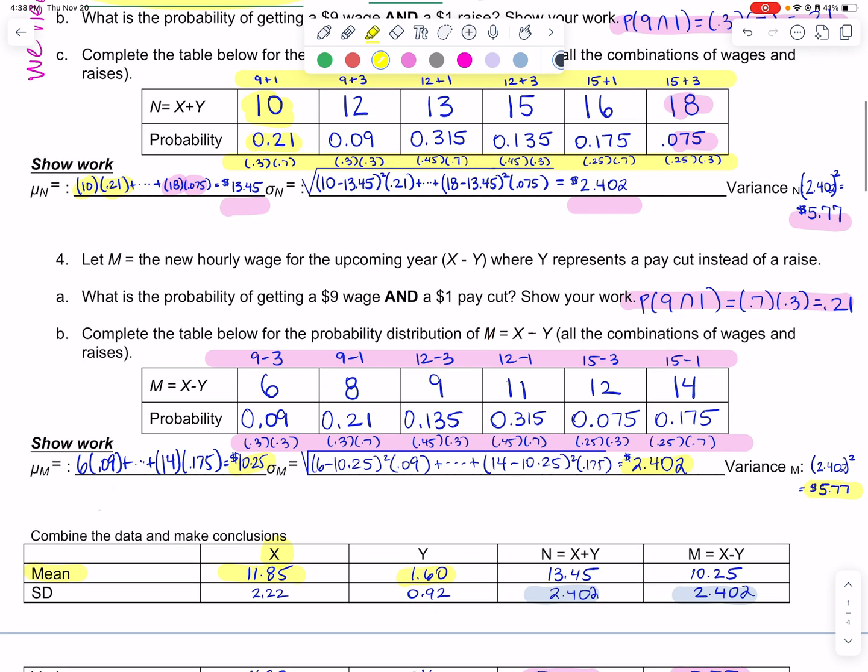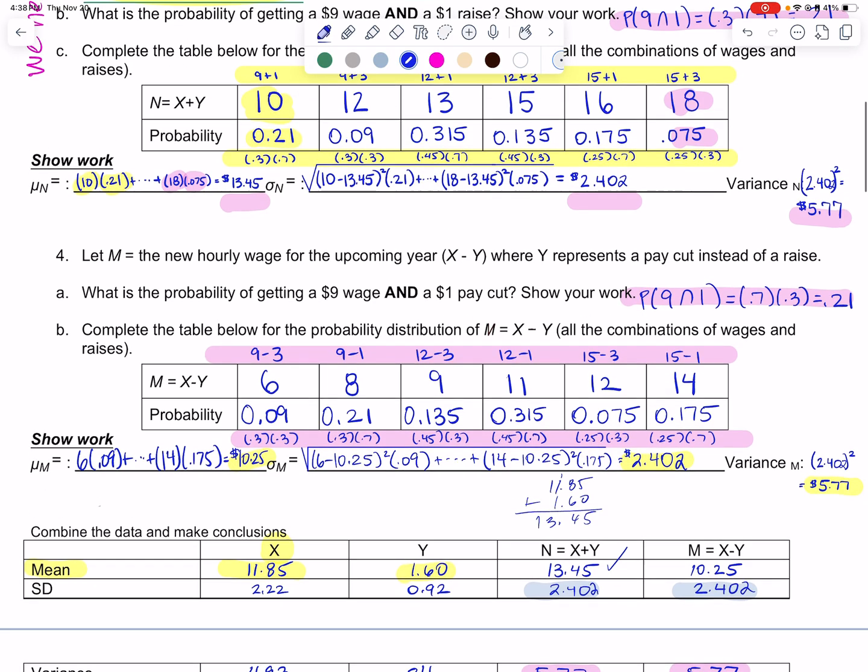So now I want you to tell me, how is the mean of X and the mean of Y related to N, which is adding the two data sets together? Well, last time I checked, 1185 plus 160 gives me 1345.